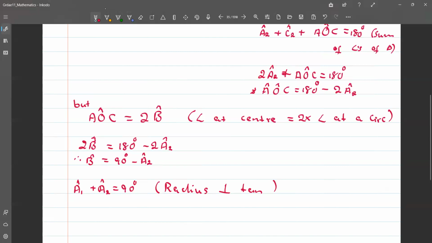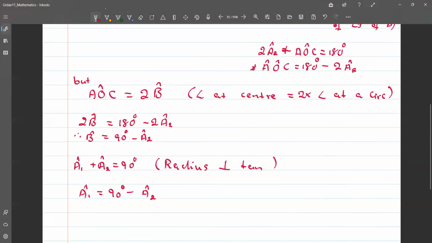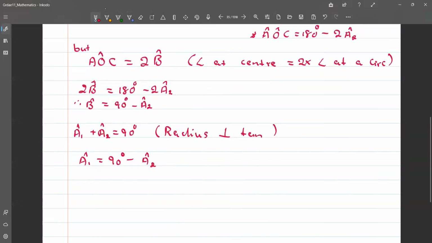Now we move A2 to the other side. A1 equals 90 minus A2, which is what we wanted, right? We mentioned that B is 90 minus A2. So because A1 and B are equal, we conclude by saying that therefore angle B equals angle A1, which both equal 90 minus A2.